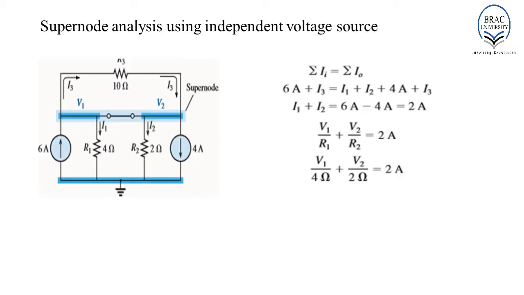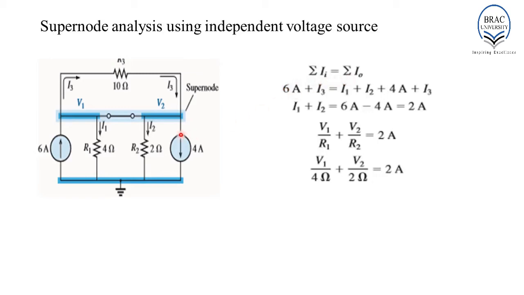For this particular network, the voltage source over here has been replaced with the short circuit equivalent. Thus, node 1 and node 2 will now be considered as a supernode. Based on the direction of the currents, on applying KCL, sum of the currents entering the node must be equal to sum of all the currents leaving the node.